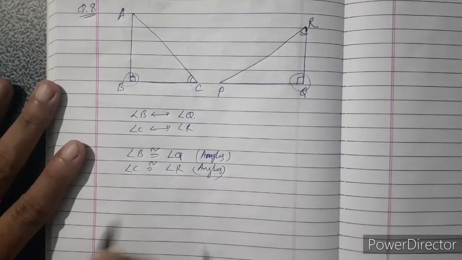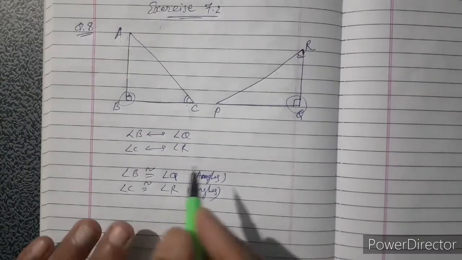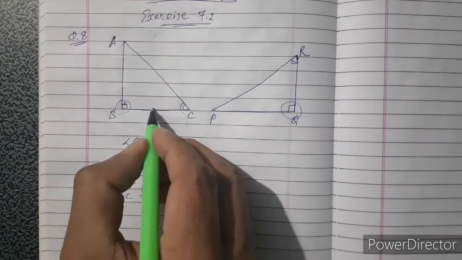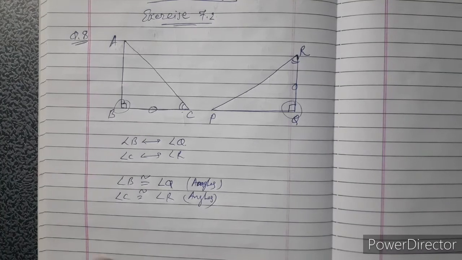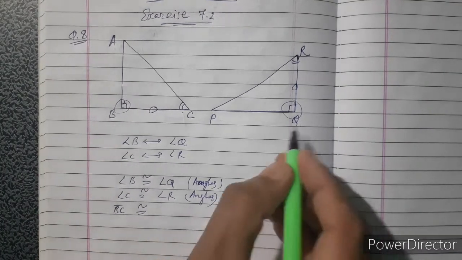Okay, angles are given. Now we know that when two angles are given, it is compulsory that the included side should be congruent. So the third one we need is BC congruent to QR.